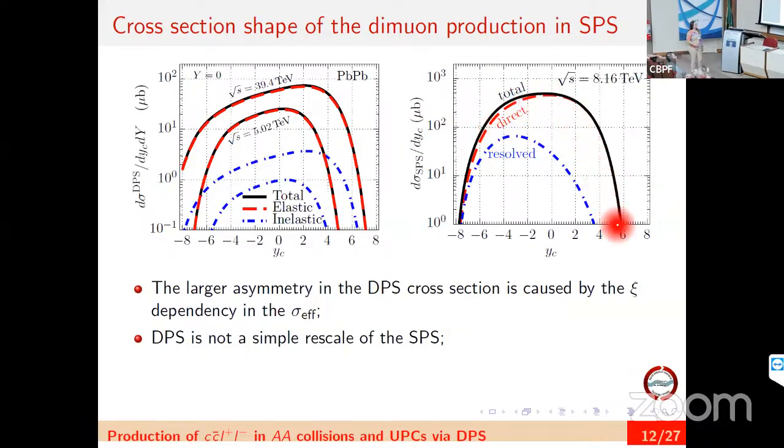We see some asymmetry because we are taking two photons from the projectile and a photon and gluon from the target. But when we look at the DPS cross-section, the asymmetry is much larger, just because of the dependence of the effective cross-section on the energy fraction carried by the photons in the initial state. So this illustrates that DPS is not a simple rescale of the SPS, or in other words, the effective cross-section can't be just a constant value.